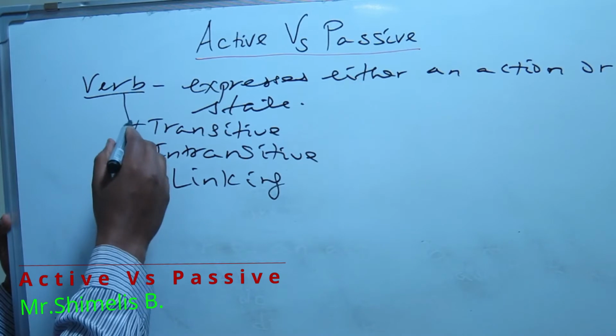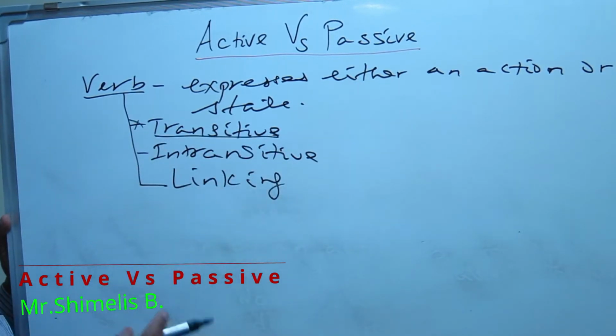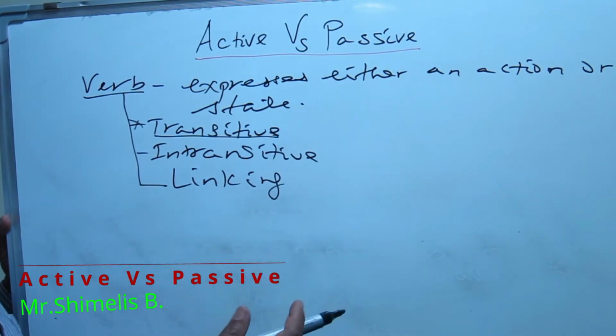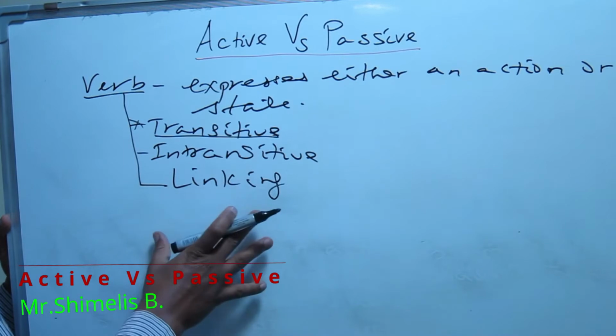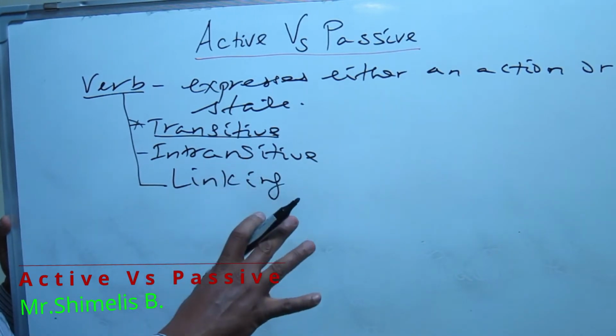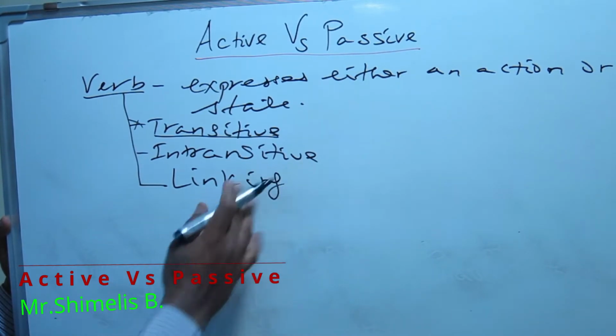So among these uses of verbs, which would have a passive form? Only transitive verbs would have a passive form. Why? Because transitive verbs take an object, whereas intransitive and linking verbs don't take an object. An intransitive verb does not transfer an action from doer to receiver. There is no receiver in the case of intransitive verbs.